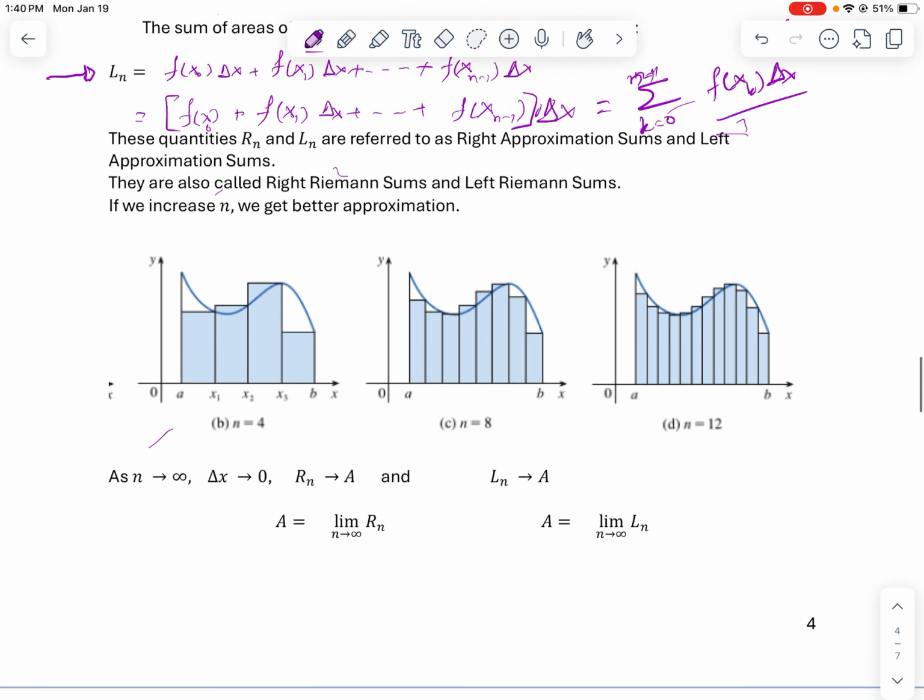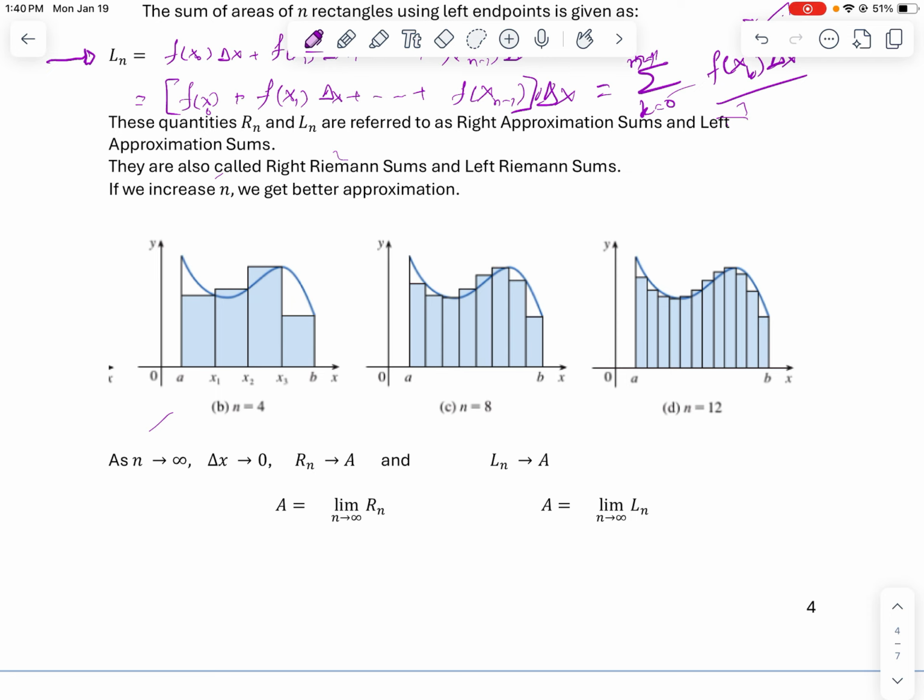We also notice that if we increase the number of rectangles, which means we increase n, then the width of the rectangles gets smaller and smaller, but we lose less and less area, or our approximation becomes better and better for the area.